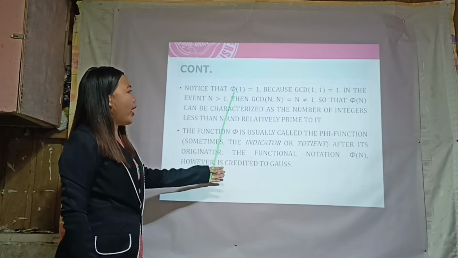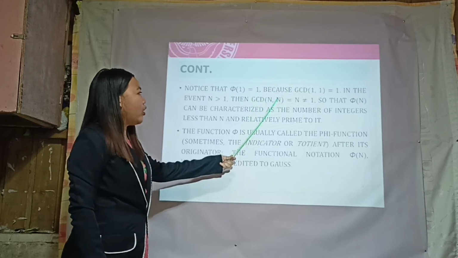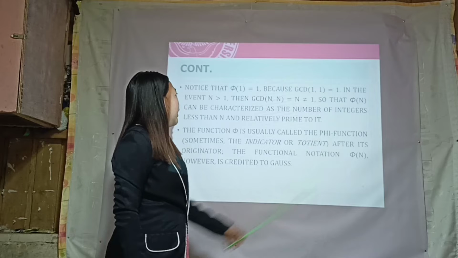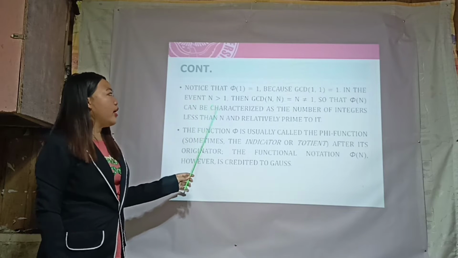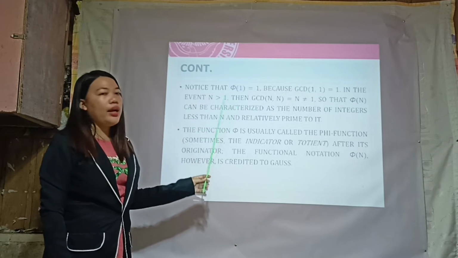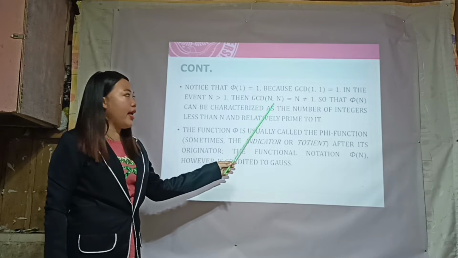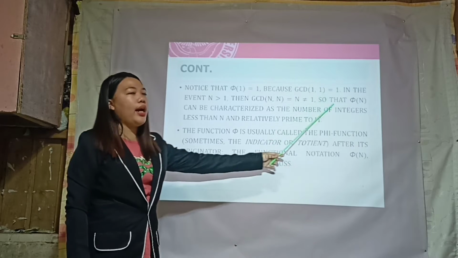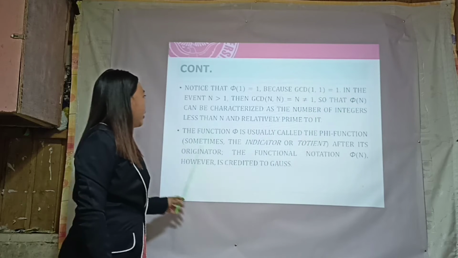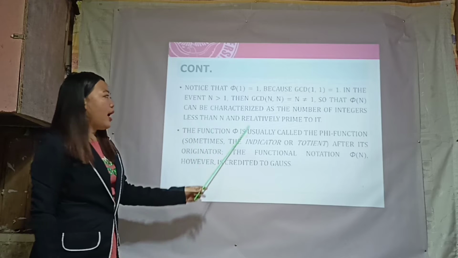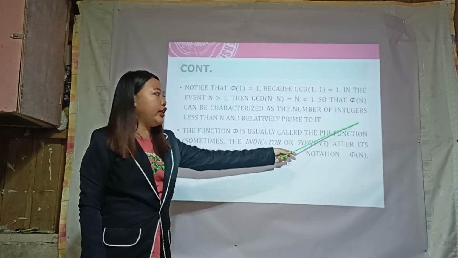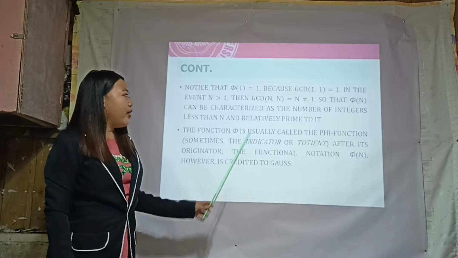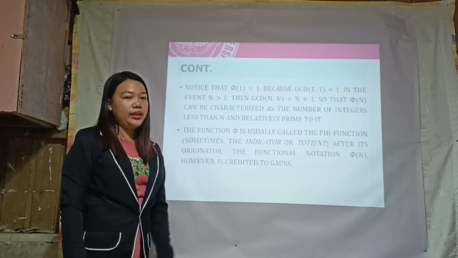Notice that phi of 1 is equal to 1 because the GCD of 1 and 1 is equal to 1. In the event that n is greater than 1, then the GCD of n and n is equal to n, which is not equal to 1. So phi of n can be characterized as the number of integers less than n and relatively prime to it.